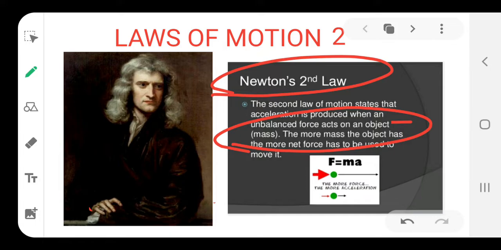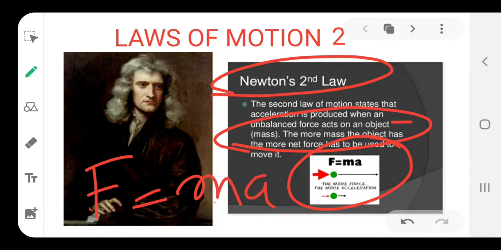Basically, with this statement, we are going to derive a relation, that is F equals ma, which we already told you in the last tutorial: force equals mass times acceleration. Now, we will see how it is feasible and how it is possible.